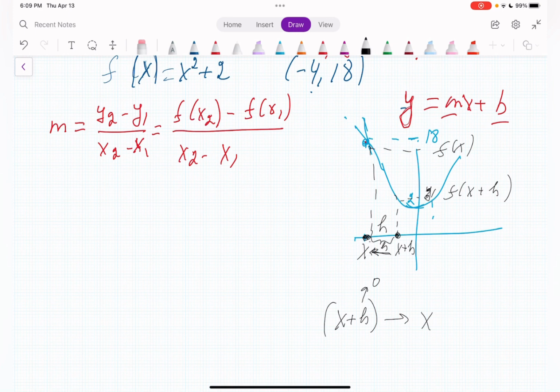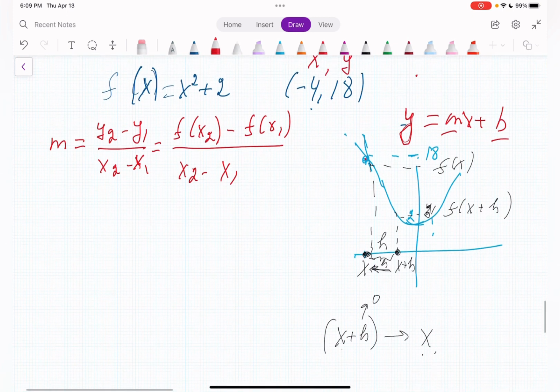And you get x when x plus h arrives at point x. Because as we move from x plus h to x, in this case I'm going to use a limit. So m is equal to f of, instead of x2, I'm putting x plus h.